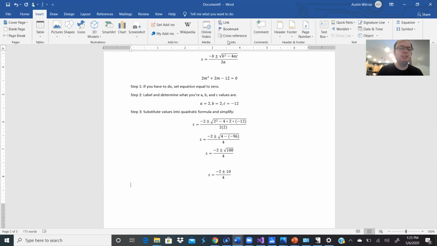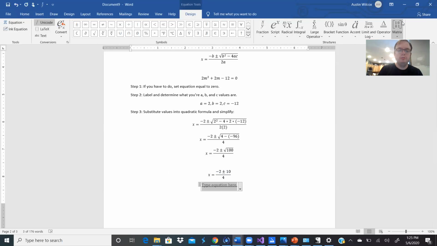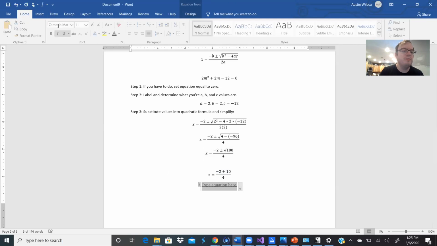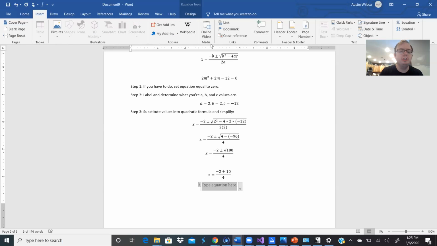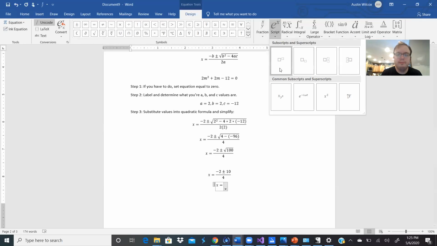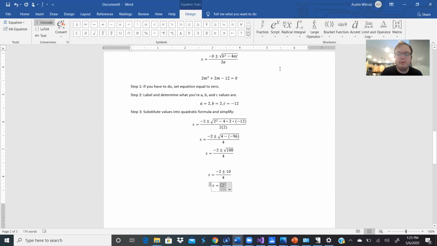Our first solution, x, is equal to negative 2 plus 10 over 4.